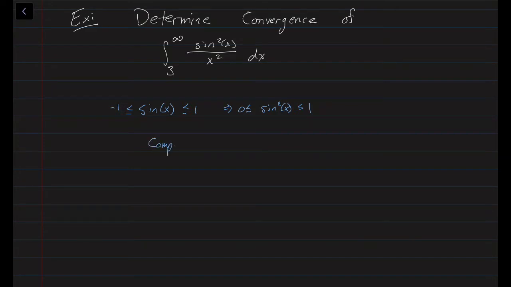So what does this mean we can compare it to? If we compare it to, say, 1 over x squared, we know that sine squared of x over x squared is always going to be less than or equal to 1 over x squared. And we know that the integral from 3 to infinity of 1 over x squared converges.